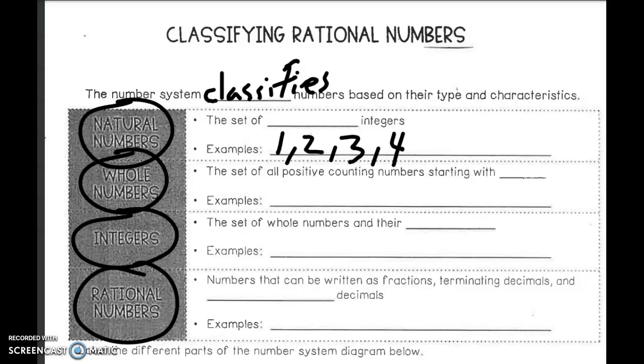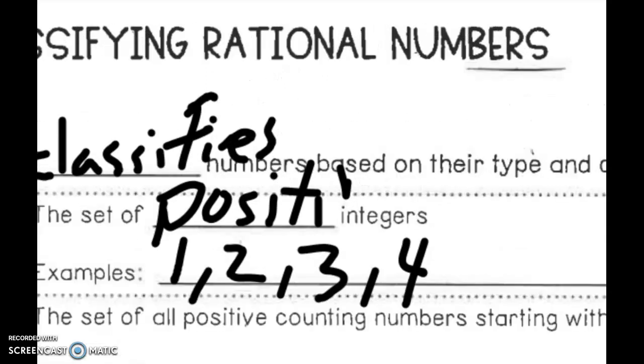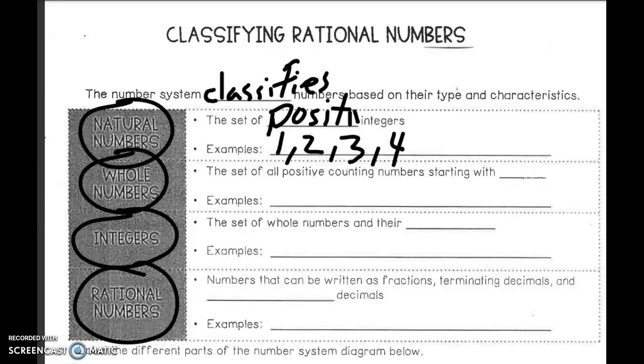This is the set of all positive integers. So like I said, it's just examples of what you first learned how to count. That's why these are also called counting numbers. That'd be 1, 2, 3, 4, and so on.